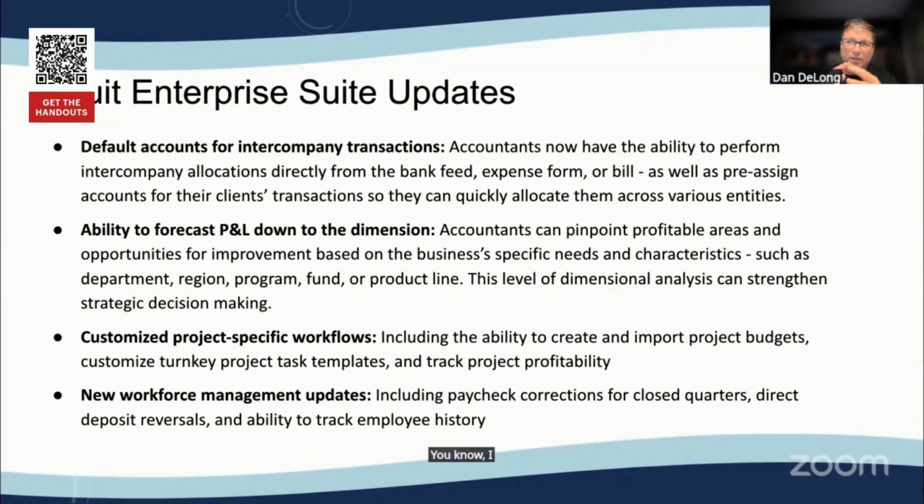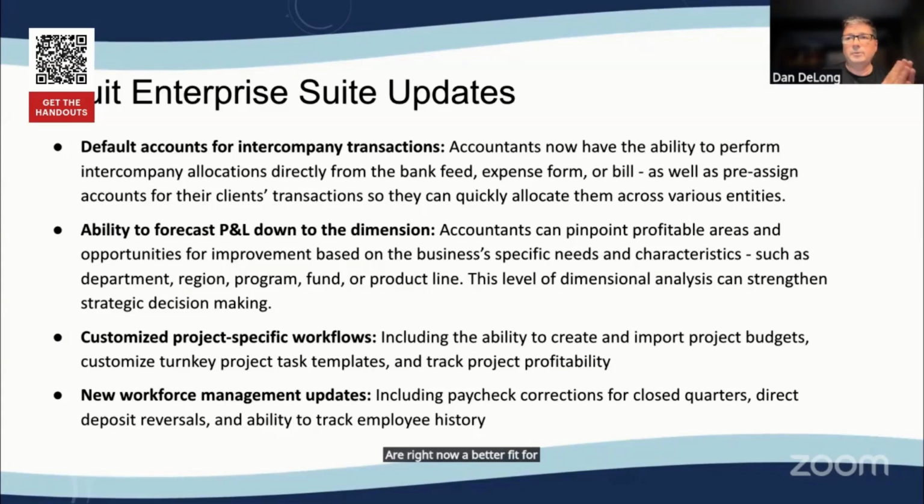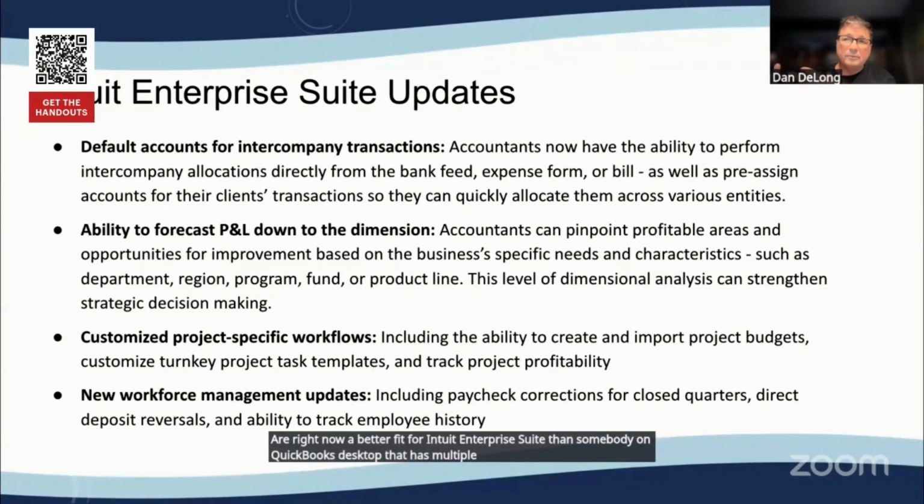I think at this point, it's the entities that are online already that have multiple entities and some heartache about that that are right now a better fit for Intuit Enterprise Suite than somebody on QuickBooks Desktop that has multiple desktop files that they might want to. Now, that may not be the case, right?